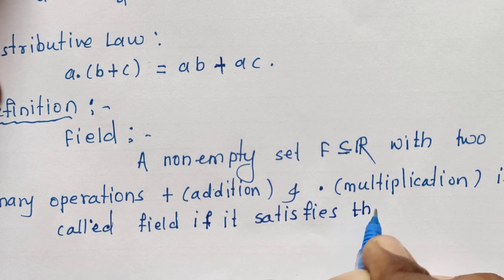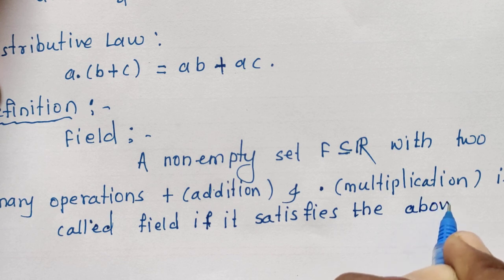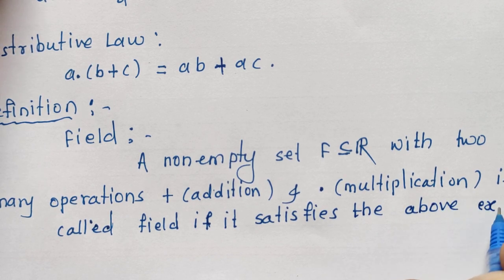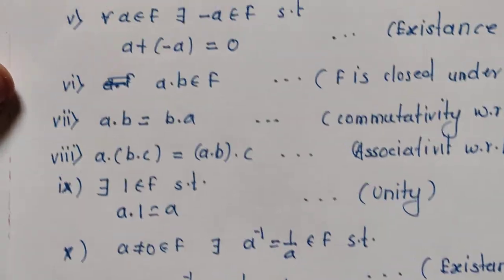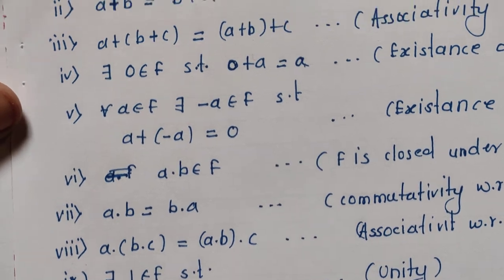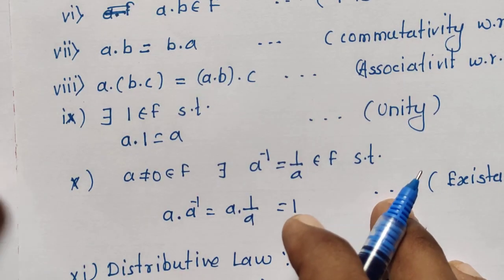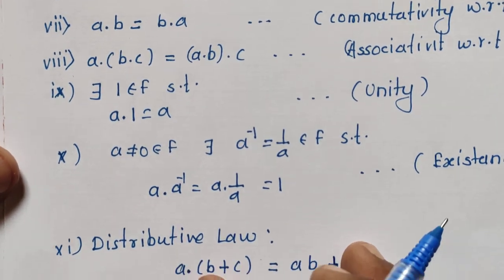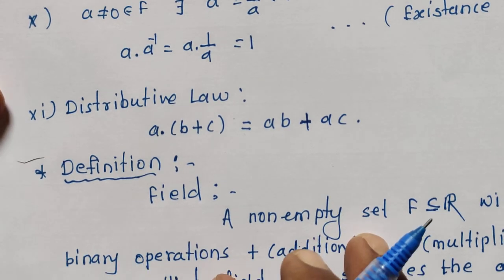That is, if any non-empty subset of R satisfies all these 11 properties, then that subset of R is said to be a field.